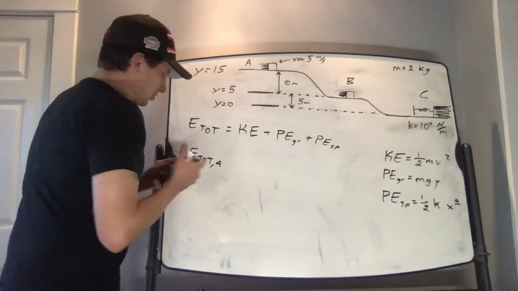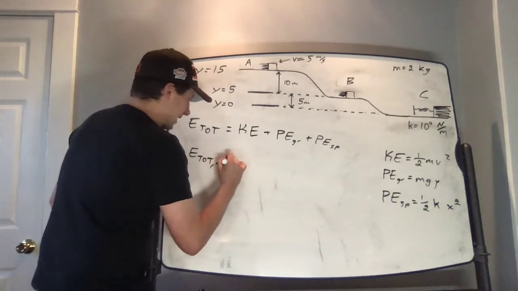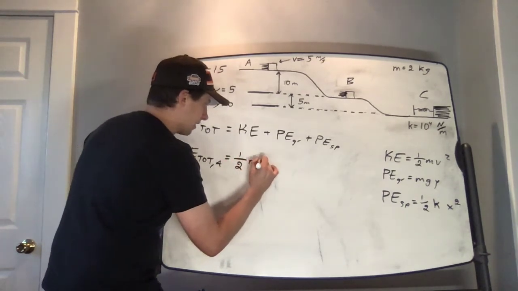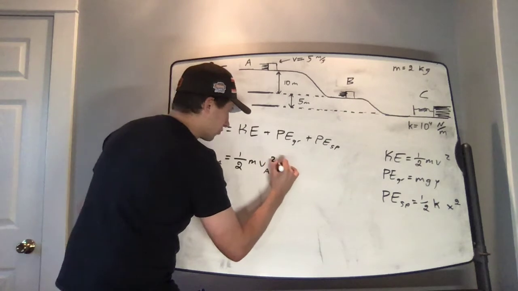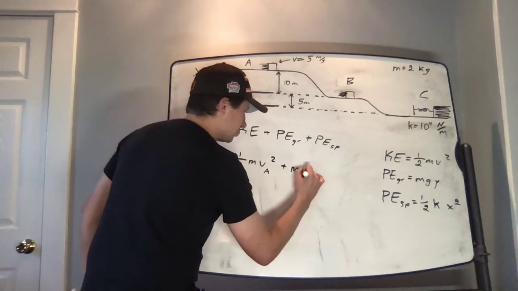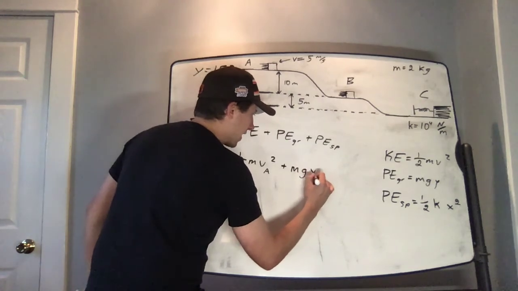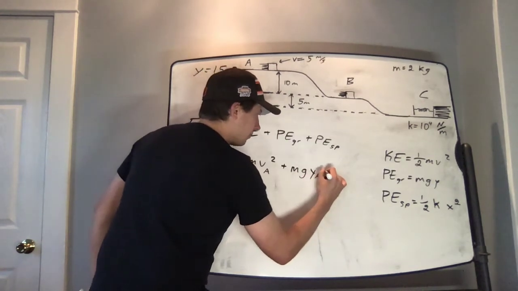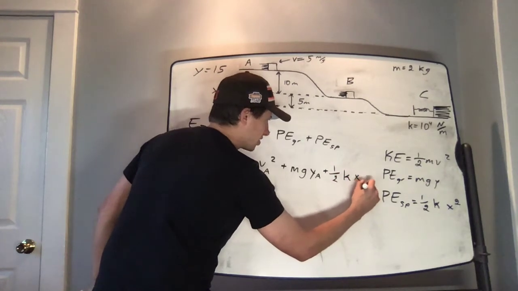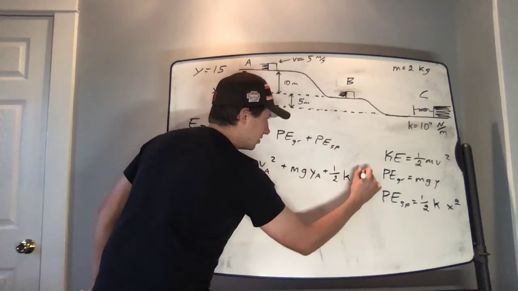And I can write the total energy at moment A as the kinetic energy at moment A, 1/2 m speed at A squared, plus the mass of the box times g times the height of the box at moment A, plus 1/2 k times the compression of the spring at moment A squared.